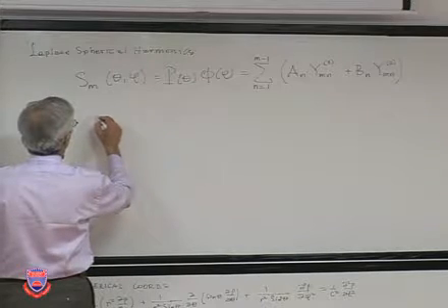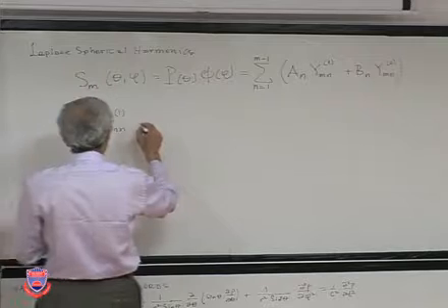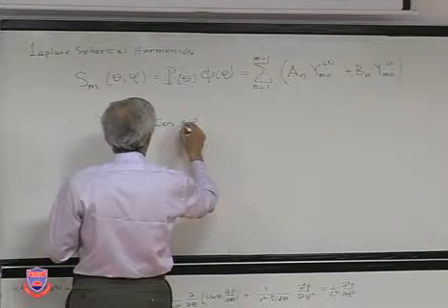And harmonic functions are expressed as cosine n phi.